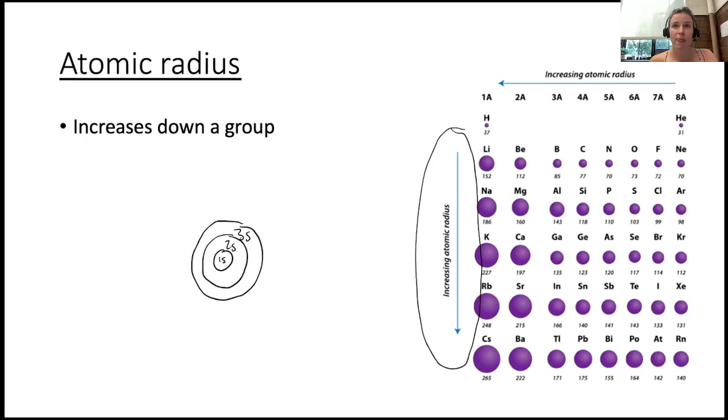Remember, in atomic radius, the radius gets bigger and bigger as we move down the periodic table. These pictures are showing how big the orbitals are, so the electrons are in a larger and larger space.